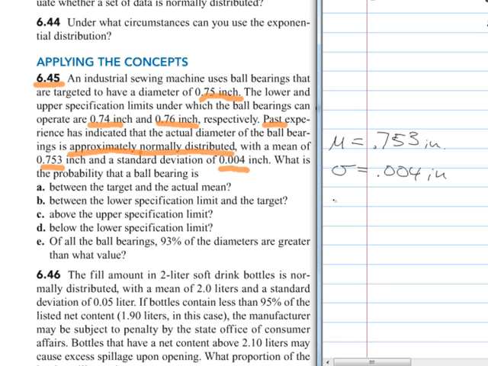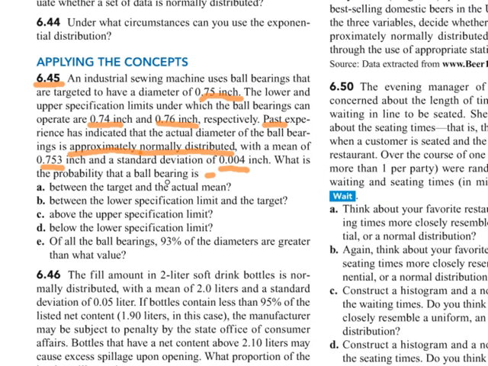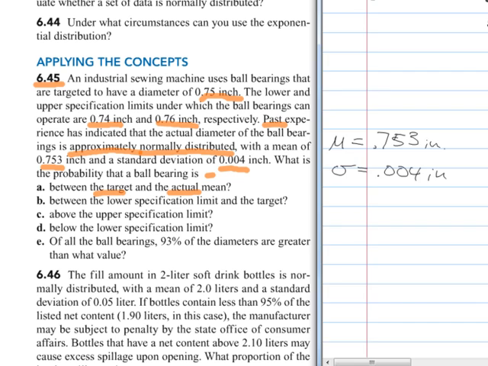Okay, now what's the question? The first question is, what is the probability that the ball bearing is between the target and the actual mean? Okay, so what is that asking? What's the probability that X is between a target and the actual mean?